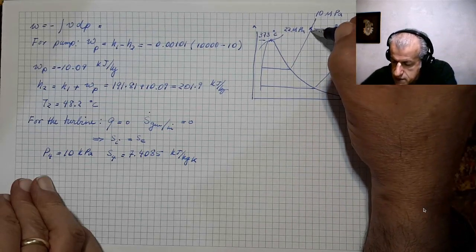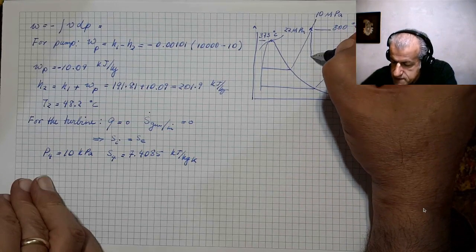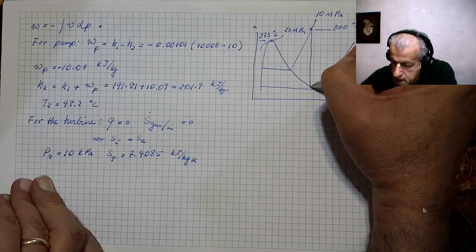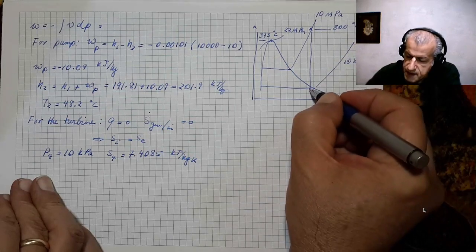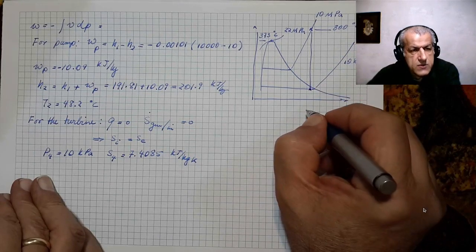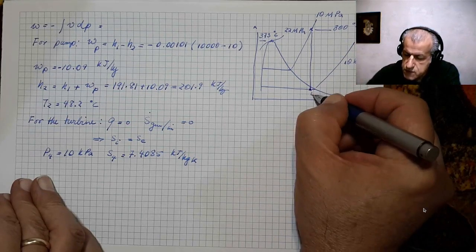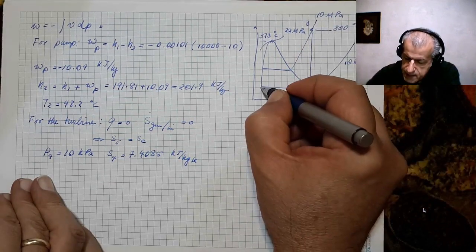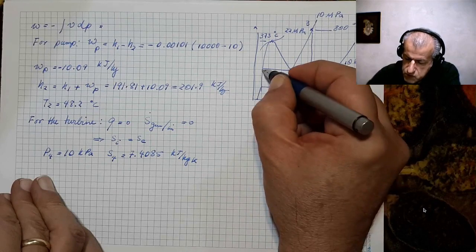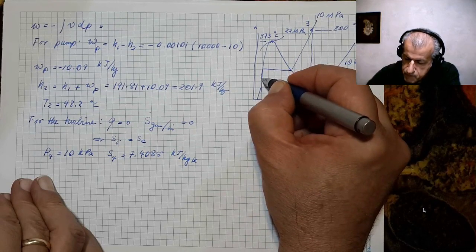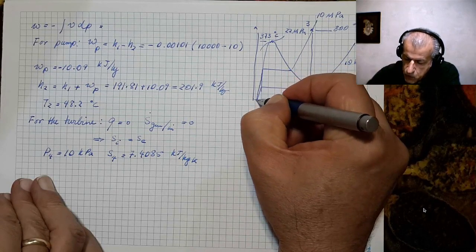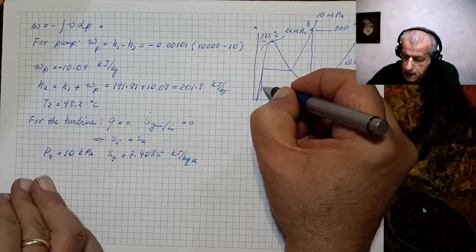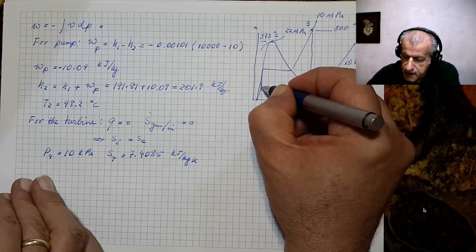And if I draw the constant entropy line, it would end up somewhere inside the saturation dome. So this would be point 4, this would be point 3. And as for points 1 and 2, I will try to draw the pressure line more similar to what they are, and they are very close.